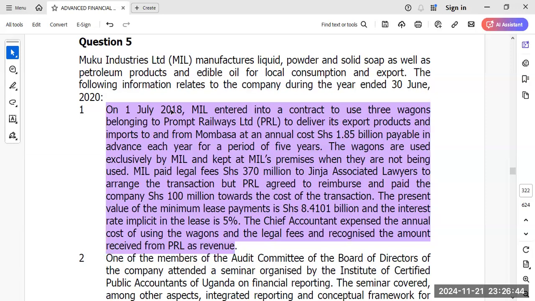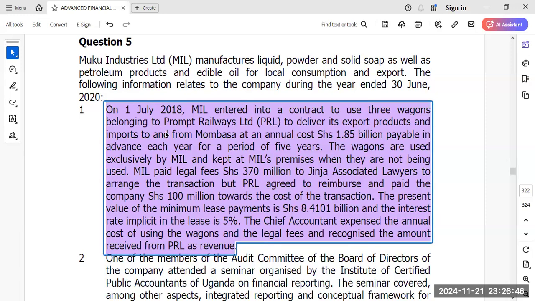This is like payment at the beginning of the year, for 5 years. The wagons are used exclusively by this company and kept at its premises when they are not being used. So it means that they have a right to control.